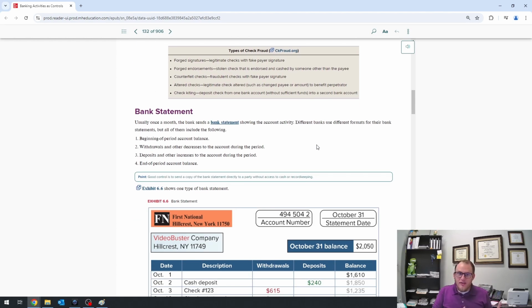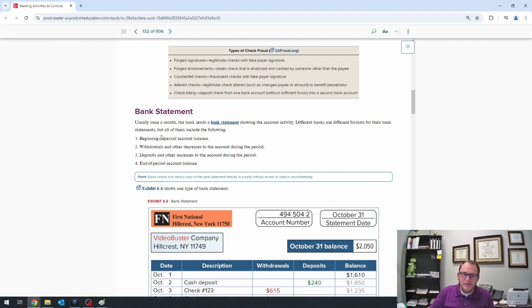Every month, the financial institution or the bank will issue a bank statement, and that is very important for a business, because that will tell you every transaction that hit the bank account, whether it's an in or an out. It totals all of the bank activity and it's typically by month, but I've seen them by quarter, where it's all of the bank activity that happened in that time period.